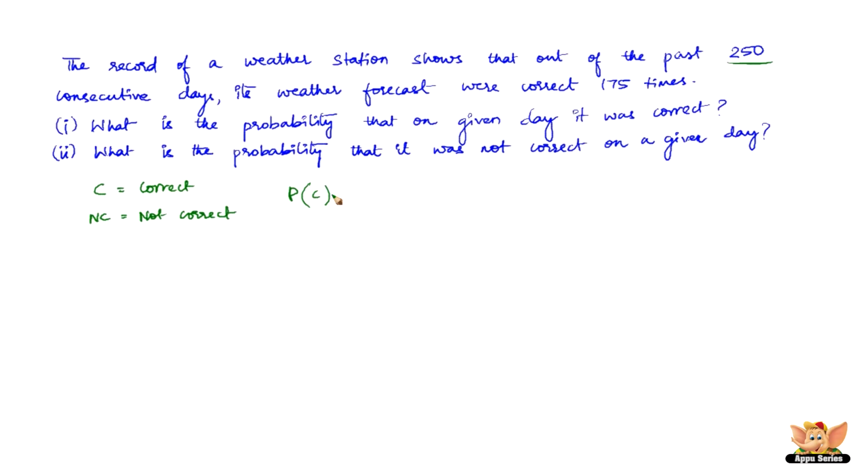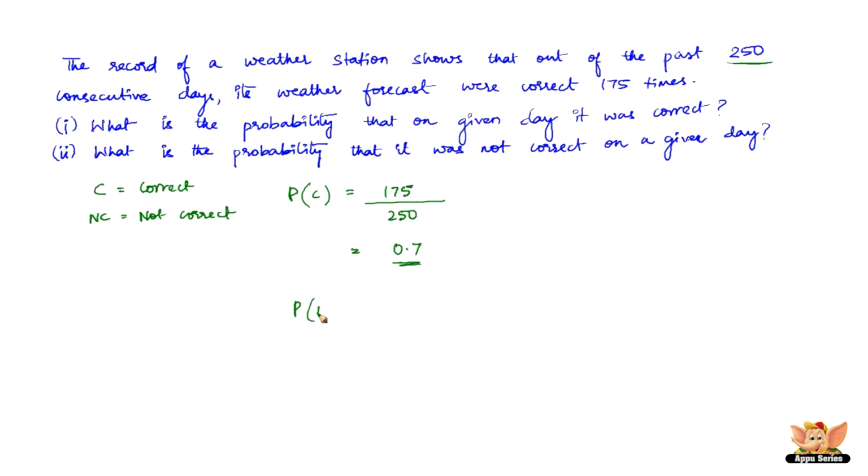That is P of C. That is the probability of the event C is nothing but the number of days when the forecast was correct. That is 175 by the total number of days for which the record is available. That is 250, which is nothing but 0.7. So the probability of the weather forecast being correct on a given day is 0.7.